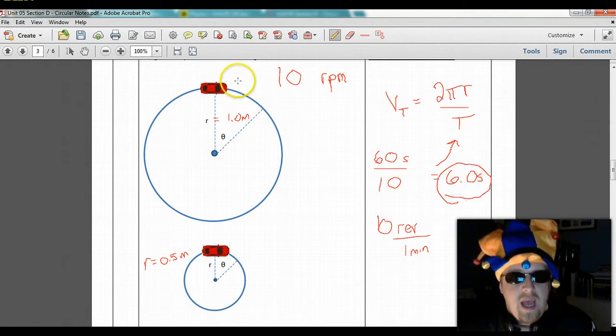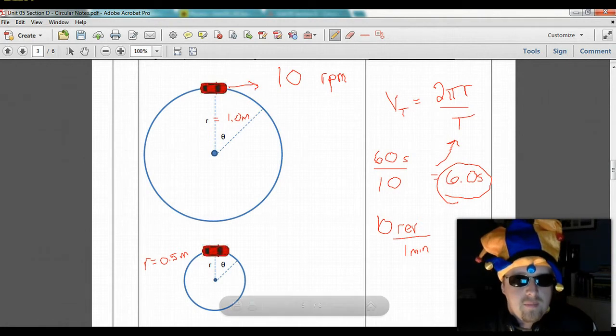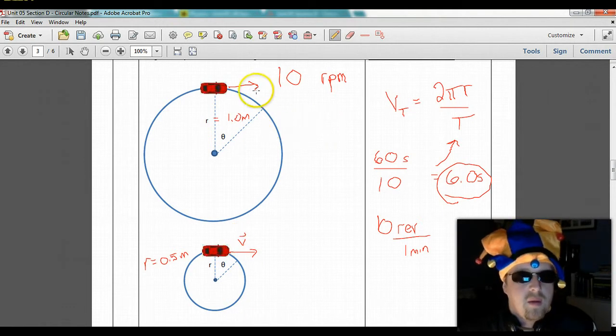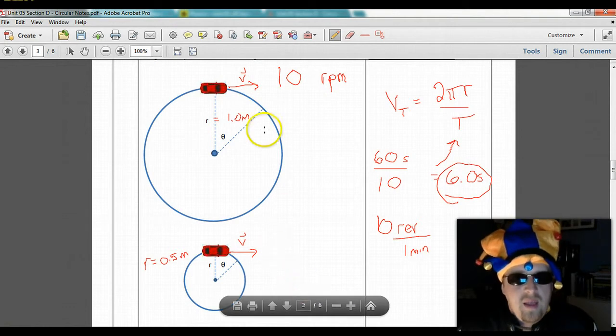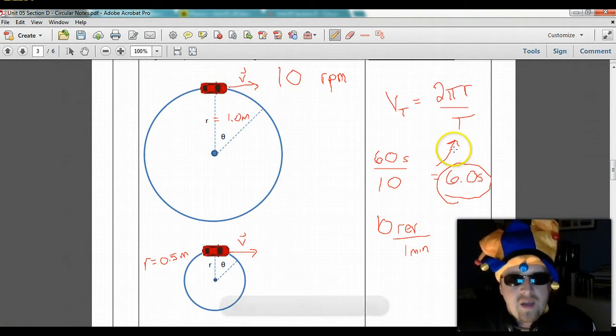So each object has a velocity. I'm drawing the velocity vectors here. Each car has a velocity, and that velocity is saying that the cars are going around the path, going 2 pi r every 6 seconds. So now we can figure them out.